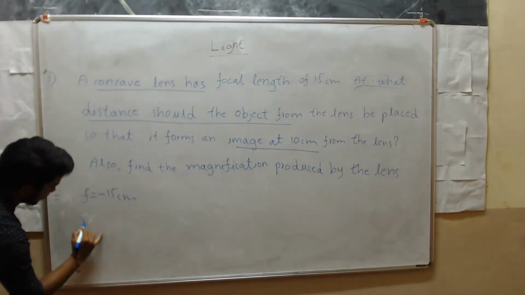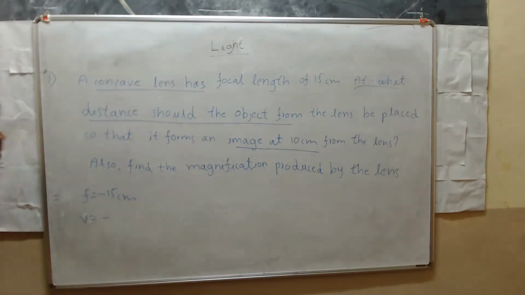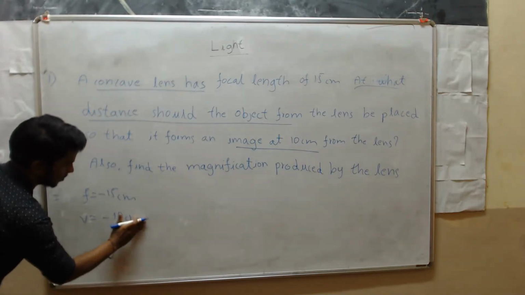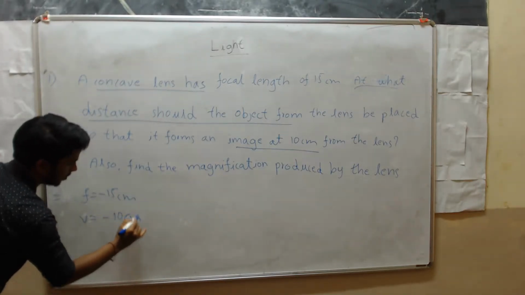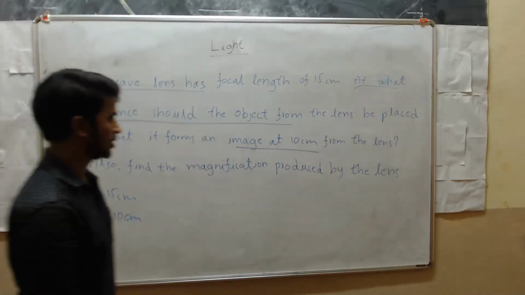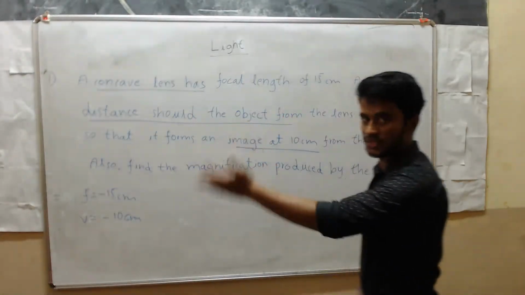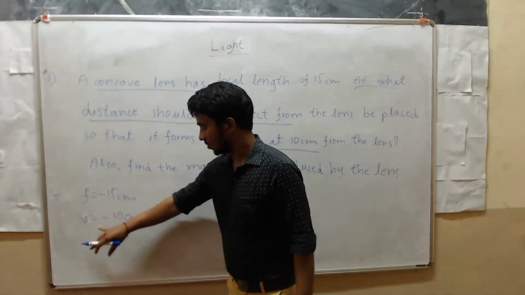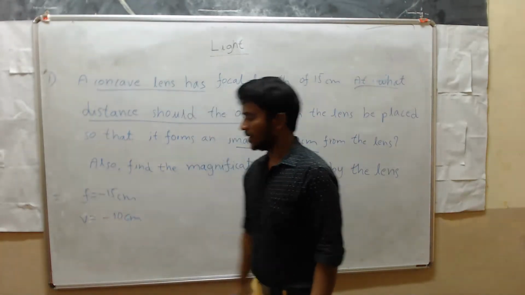So here v equal to minus 10 centimeter. Okay, why? Because in concave lenses the images are found on the left side of the lens, so that's why the image distance for a concave lens we write in negative.